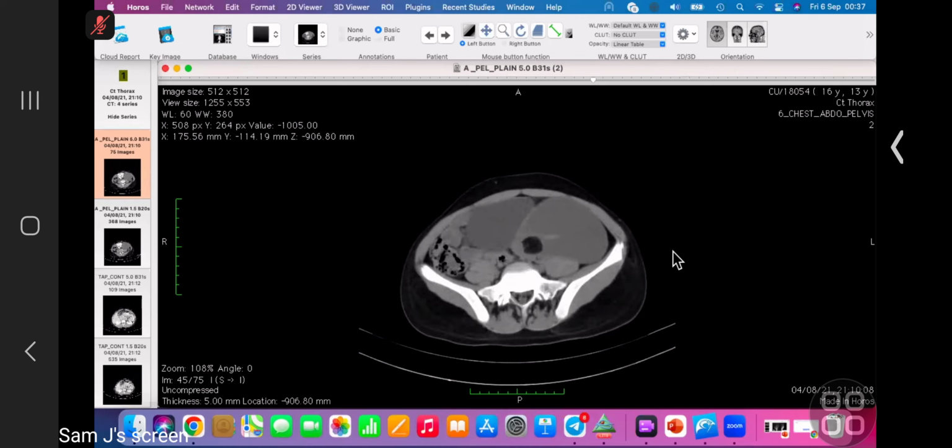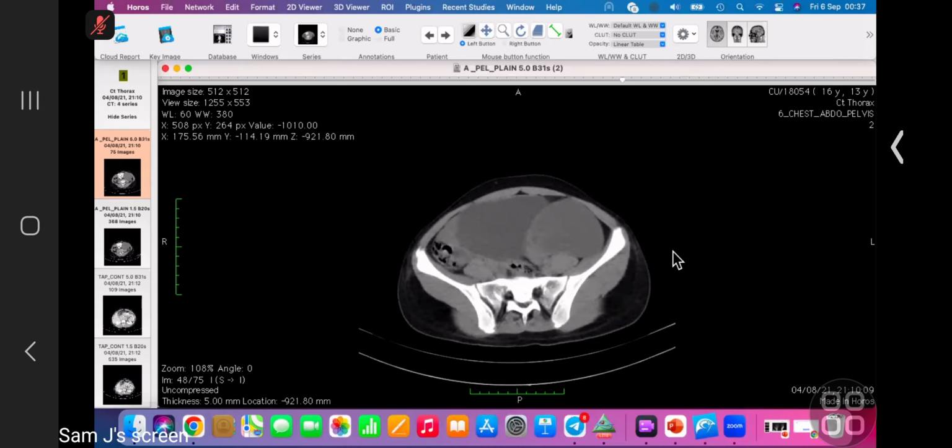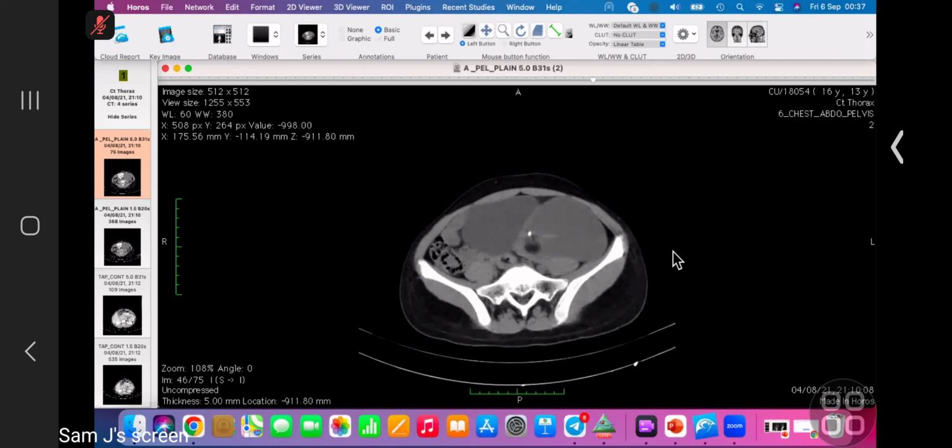In my routine practice, I will measure the Hounsfield unit of this area. I think it will be minus, representing fat, and also I can see calcification foci adjacent to the fatty area. This could represent Rokitansky calcified foci.